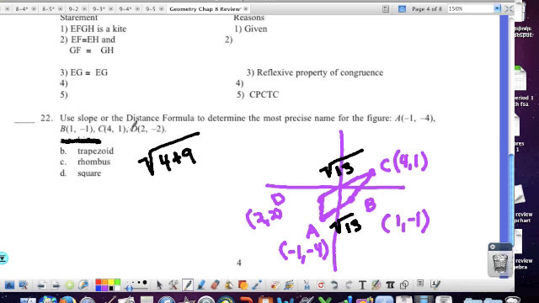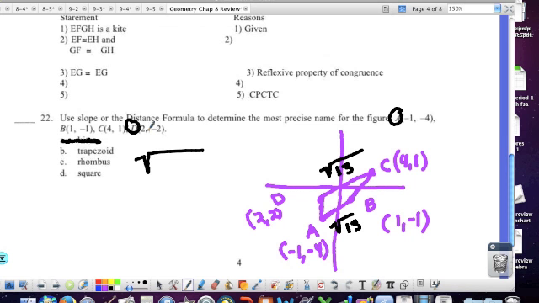So now I'm going to look at D and A. To find the length of this side, I'm going to look at A and D. -1 minus 2 is -3.